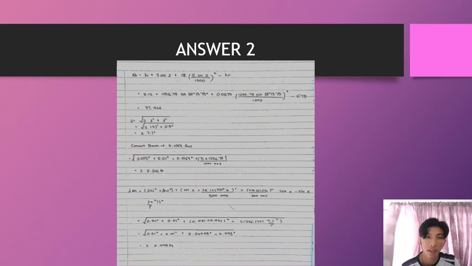So the equation that was given is hi plus slope distance cos with z or zenith plus cr, which is given 0.0675 times slope distance sin with zenith divided by 1000 to the power of 2, and minus hr, or known as prism height.